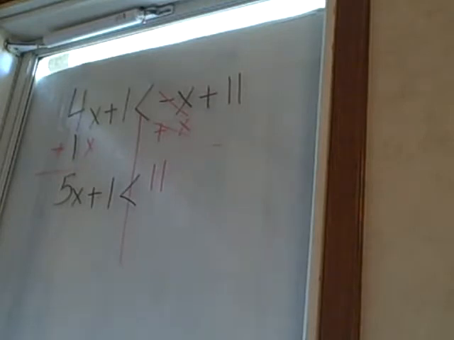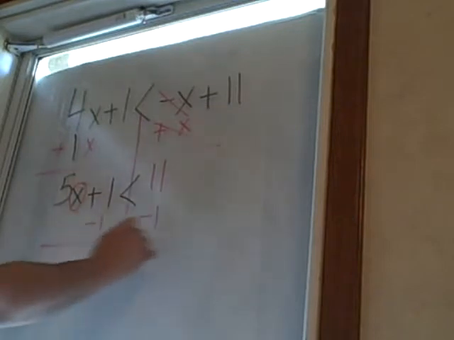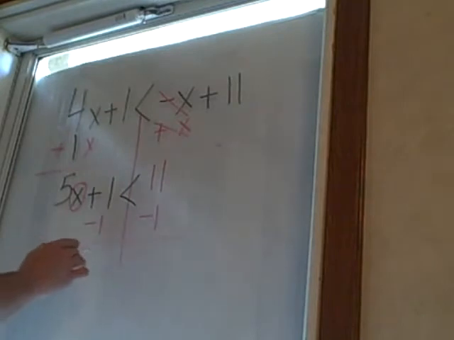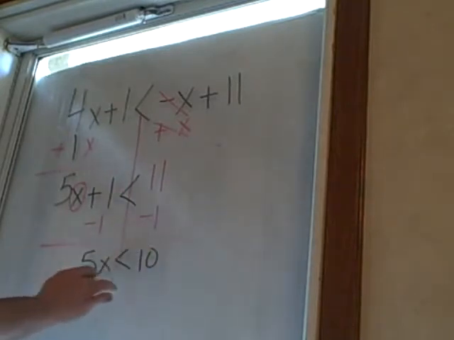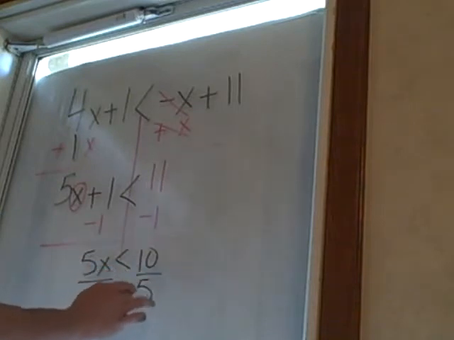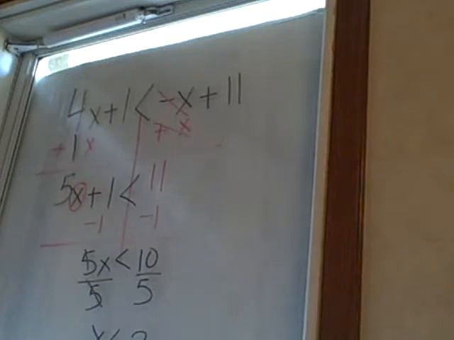I identify my variable, get rid of the plus 1 first because it's not attached to the variable. Undo the plus 1, same thing with the negative 1, and I get 5x is less than 10. Continuing to solve, I divide both sides by 5, and I have x is less than 2.